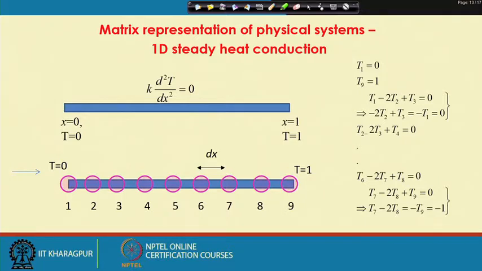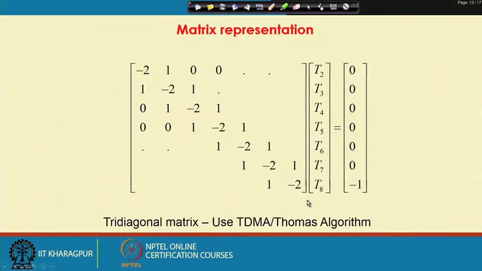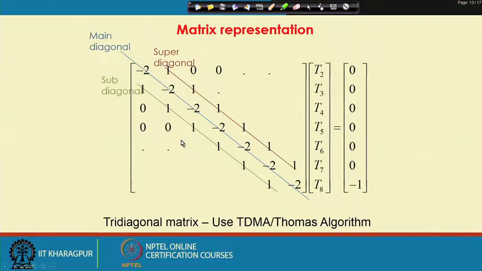So, we get a set of equations like that, and for this particular case when we are using d2T/dx² with a second order finite difference method, we get a matrix system of equations like this. We call this a tridiagonal matrix because there is a main diagonal, a super diagonal and a sub diagonal in the matrix, and all remaining terms are 0.